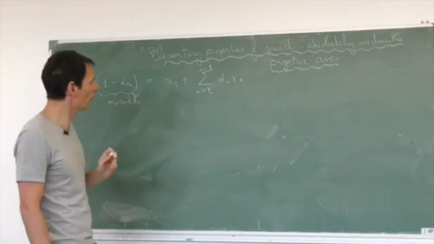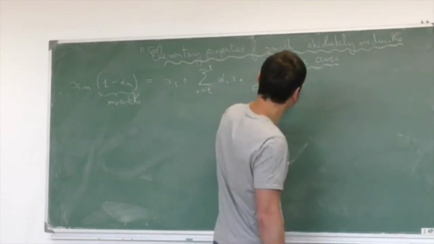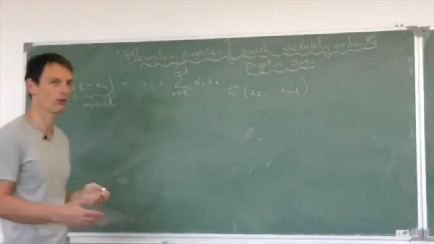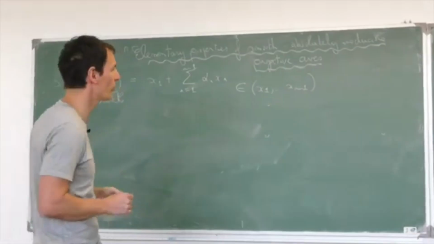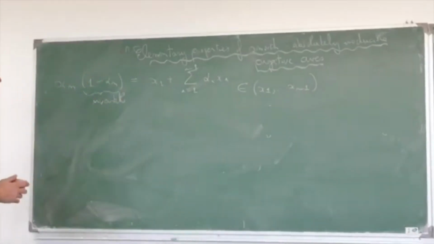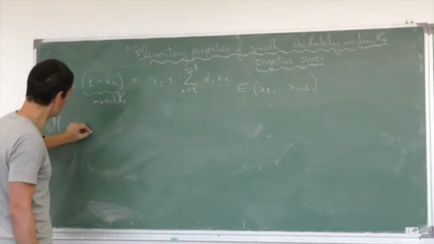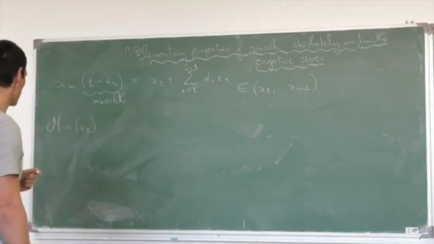Actually, xn is already inside the ideal generated by x1 to xn minus 1. And then you're done, because you had assumed that n was minimal, so it should not be. So the conclusion is that M is generated by x1, so it is principal.